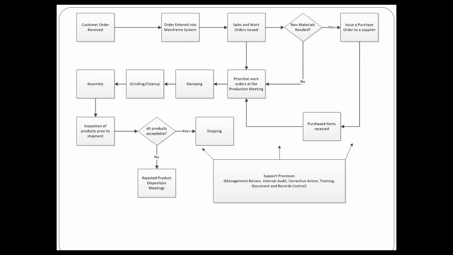So here is our raw interaction of processes, but now in the lower right-hand corner, you can see we've added a disconnected support process box, and we've kind of put everything in here. These are all items that exist within your system, but they support everything else that's going on, the core activities, if you will. So now this is representation on the IOP that you've prepared.